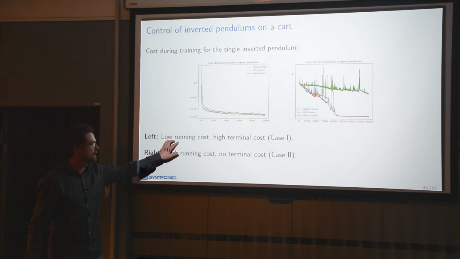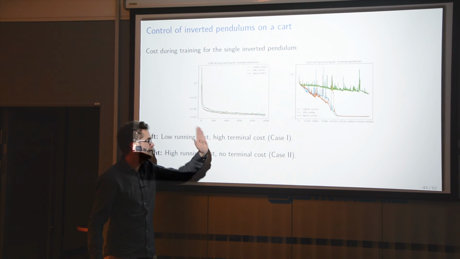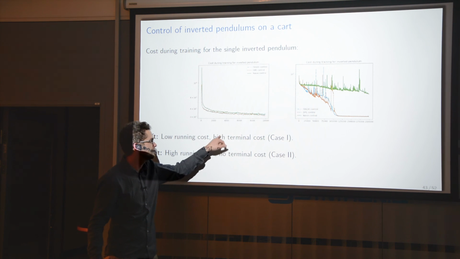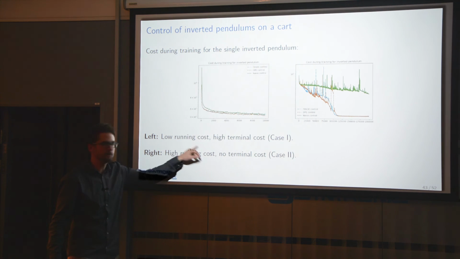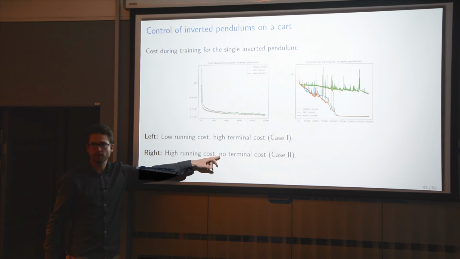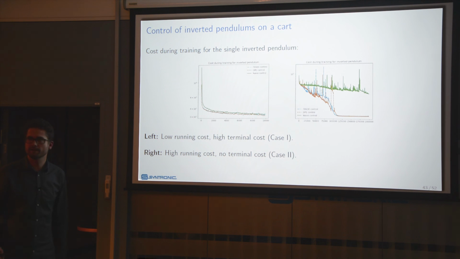So here we have low running cost. So we punish the behavior or deviation from the desired state at the terminal time. In the second one, we have a high running cost and low terminal cost, or actually no terminal cost at all. So we only care how it behaves from 0 to t.